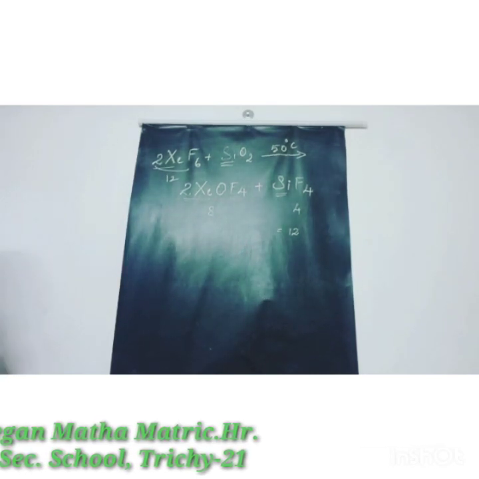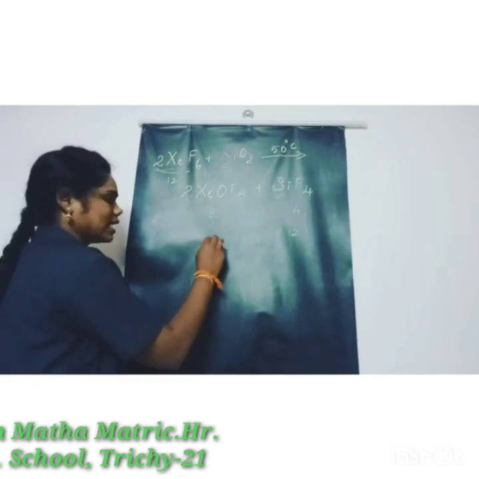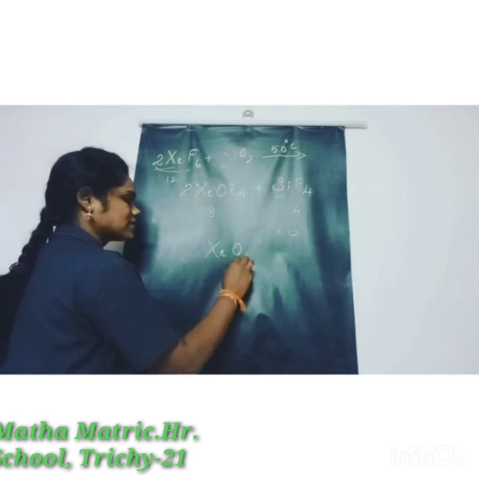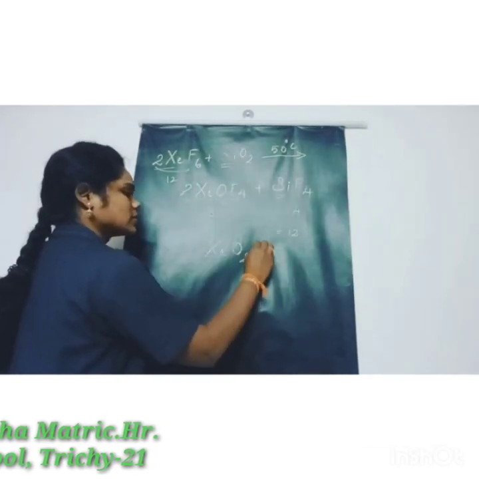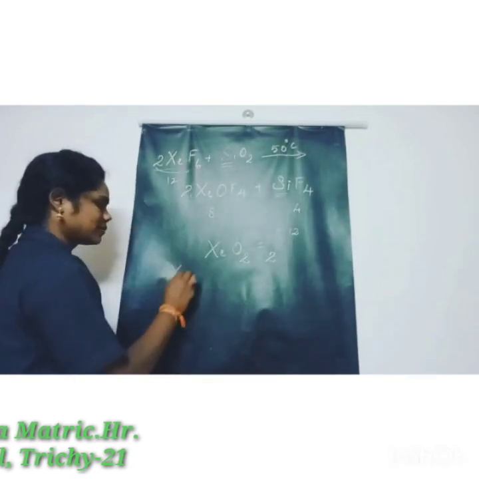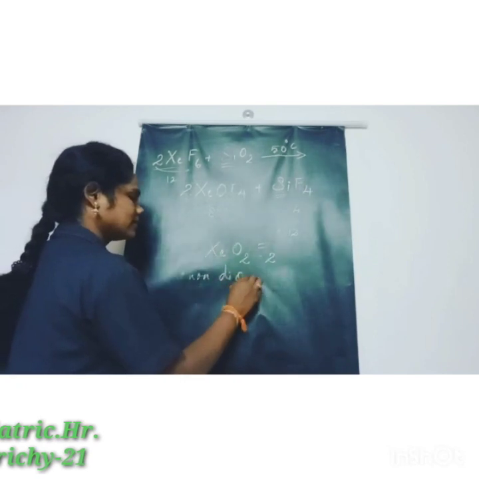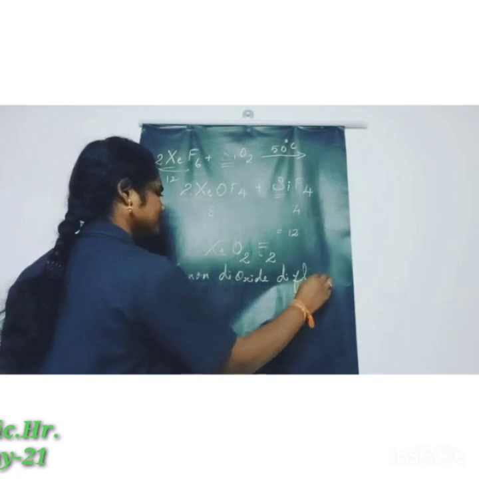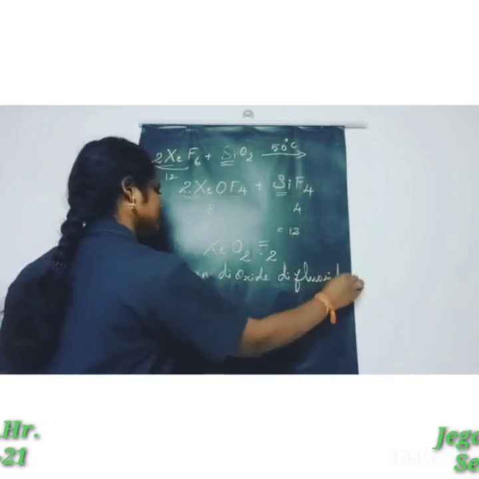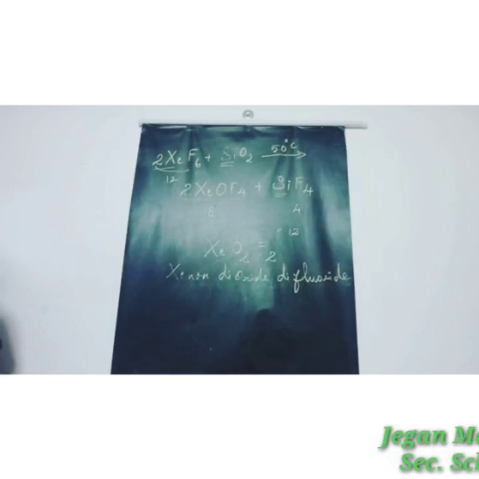So xenon dioxide difluoride, difluoride means 2 times fluorine. Plus SiF4, that is silicon tetrafluoride is formed.